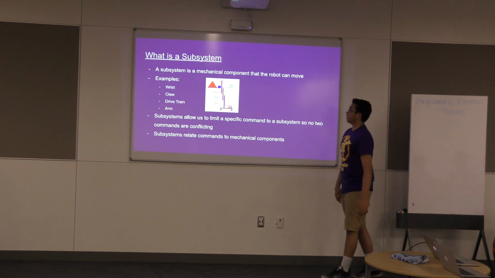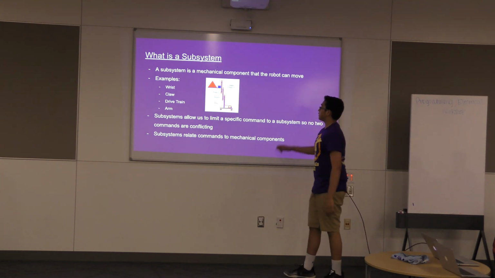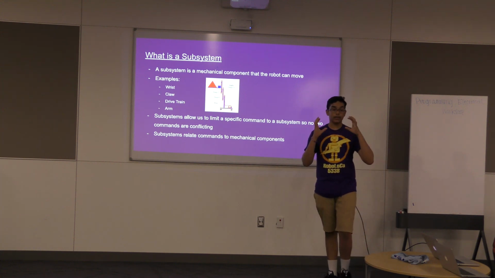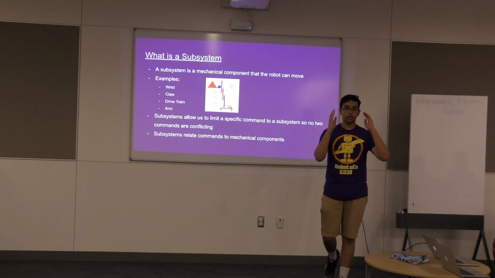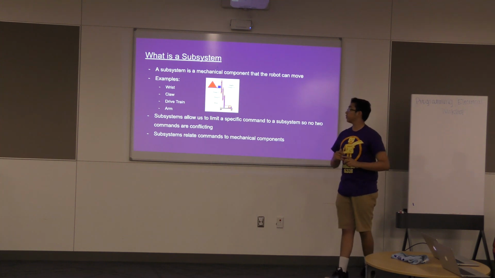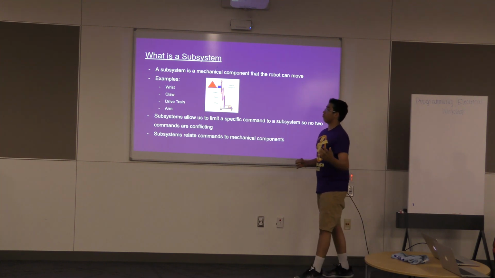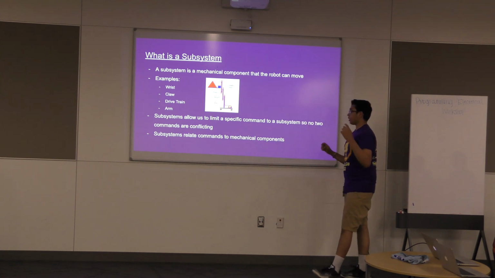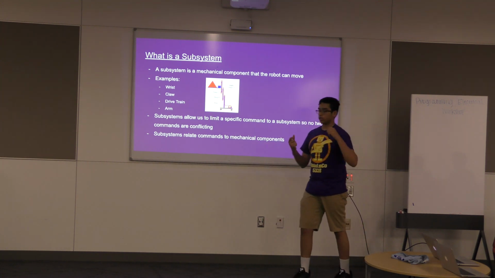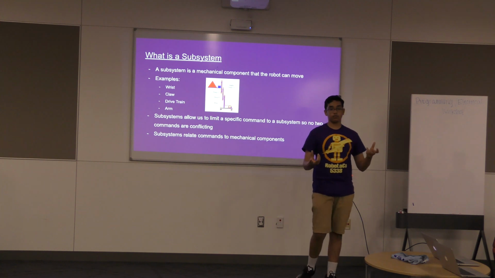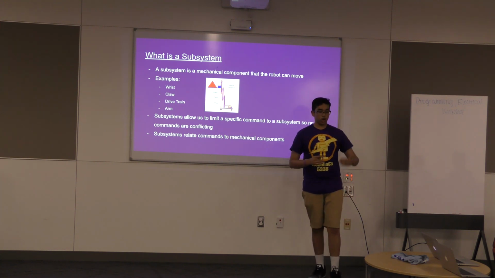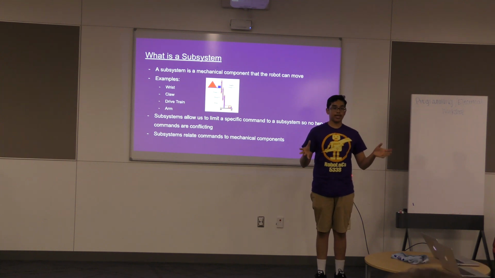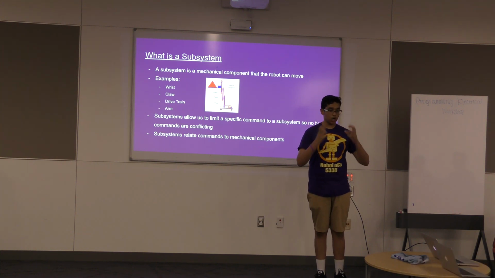Now a little bit deeper into what a subsystem is. It's basically a mechanical component that the robot can move, something that if you look at a robot, you can point out, there's the subsystem. Common examples are wrist, claws, drivetrain, arm, climber. Subsystems essentially take abstract concepts, because often in code you have to figure out a way to turn abstract concepts into something concrete.